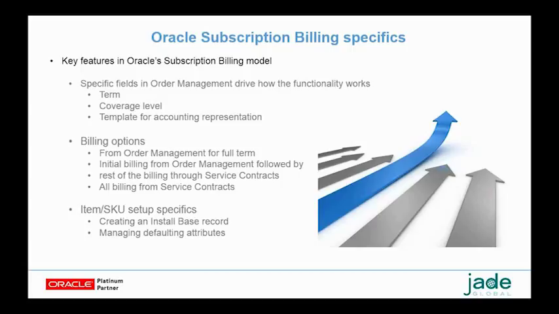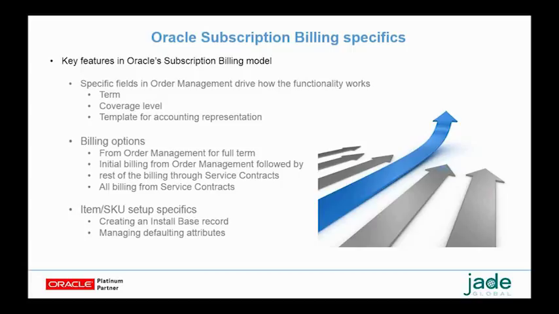There are multiple billing options from order management: for the full term, or initial billing from order management followed by the rest from service contracts, or managing all the billing from service contracts totally. This is functionality that provides you with a source of where the bill is going to come from, whether everything is going to come from service contracts or part of it is going to come from service contracts and the first one from order management.